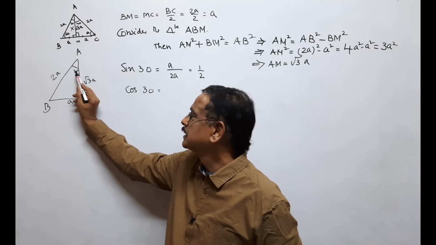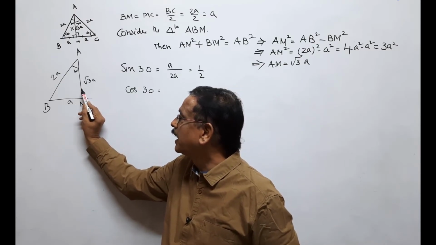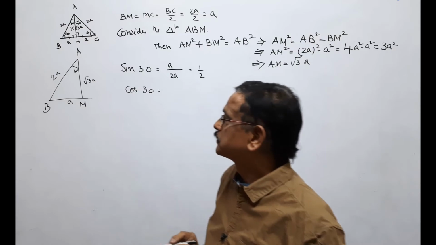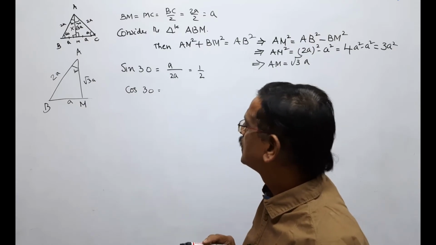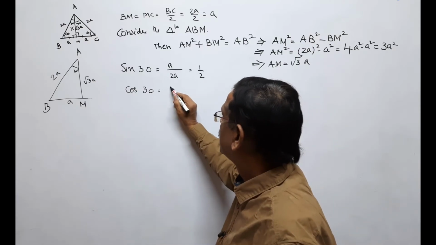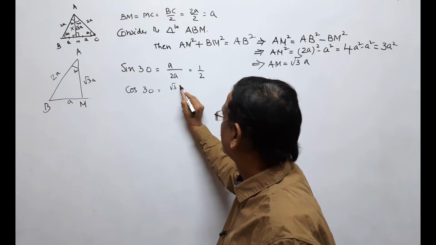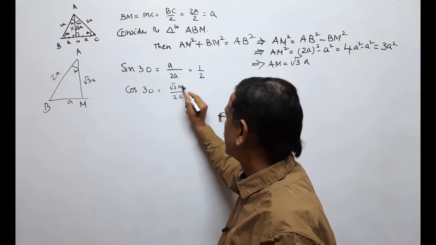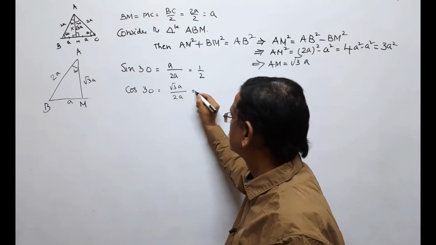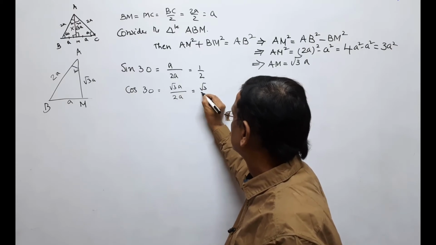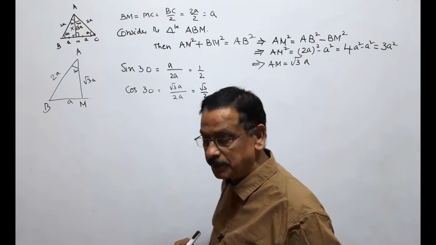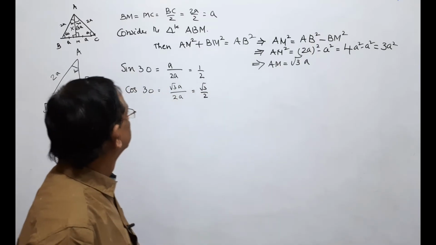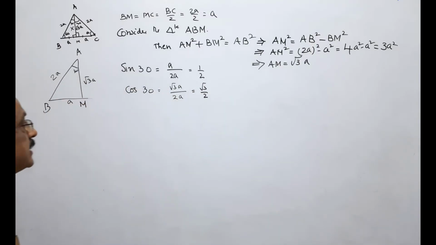Cos 30 is adjacent side by hypotenuse. So adjacent side is root 3A by hypotenuse is 2A. So again I can cancel A and A because that is non-zero. So cos 30 is root 3 by 2. Sin 30 is half, cos 30 is root 3 by 2.